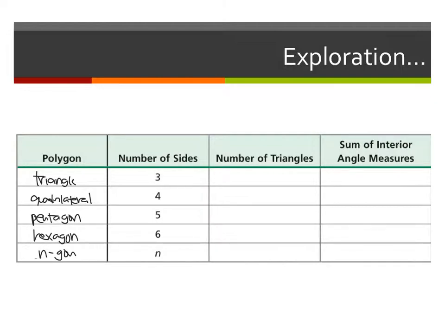Speaking of n-gon, let me pitch something a little philosophical to you guys. What do you notice as the number of sides increases? It gets more circular. So can you imagine if you had, say, 100-gon or 1,000-gon or even 1,000,000-gon?